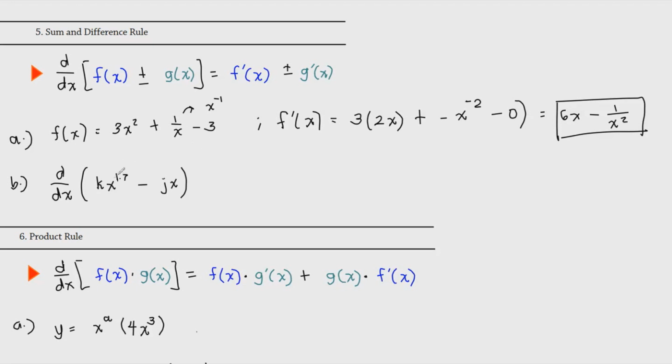Here we have to take the derivative of kx raised to 1.7 minus jx. Now in some cases you might feel intimidated simply because you're seeing this k and j, and what you'll be seeing from now on would be a lot of letters in the alphabet.